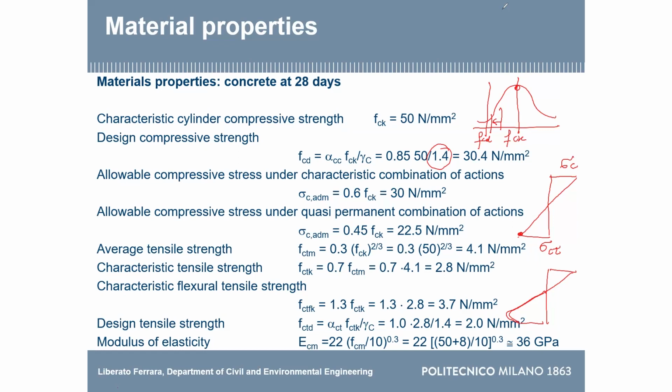So has anybody come up with a number? 44.9, 45 gigapascal. Okay, you see, we doubled the compressive strength of concrete. We went from 50 to 100. And what happened to the Young modulus? It went from 36 to 45.